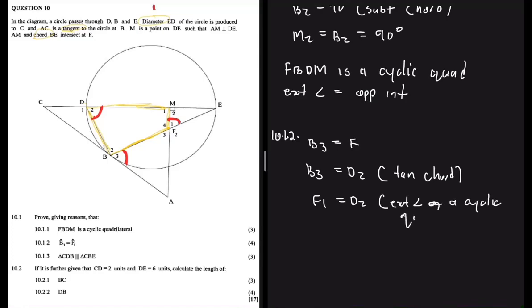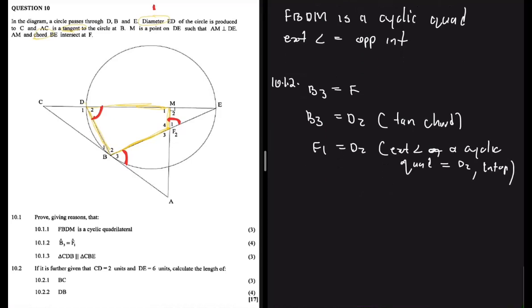So let me just write that down, of a cyclic quad, and then it is equal to D2 because D2 is a interior opposite angle. So now we can conclude and say that F1 equals B3 because they are both equal to D2, right?